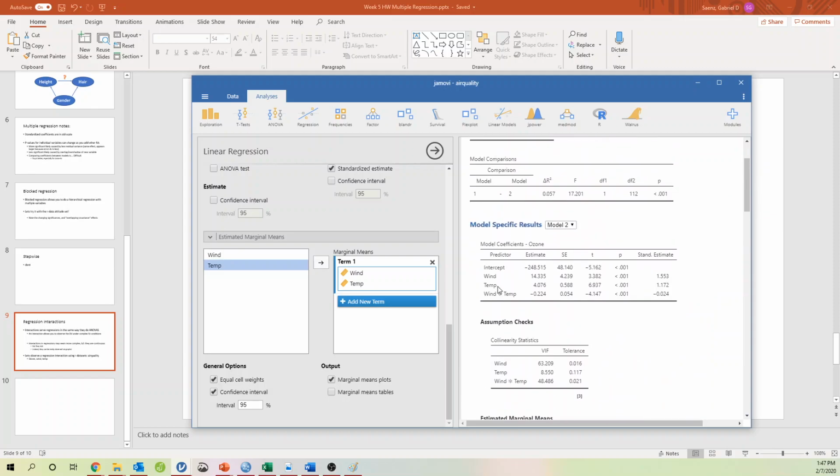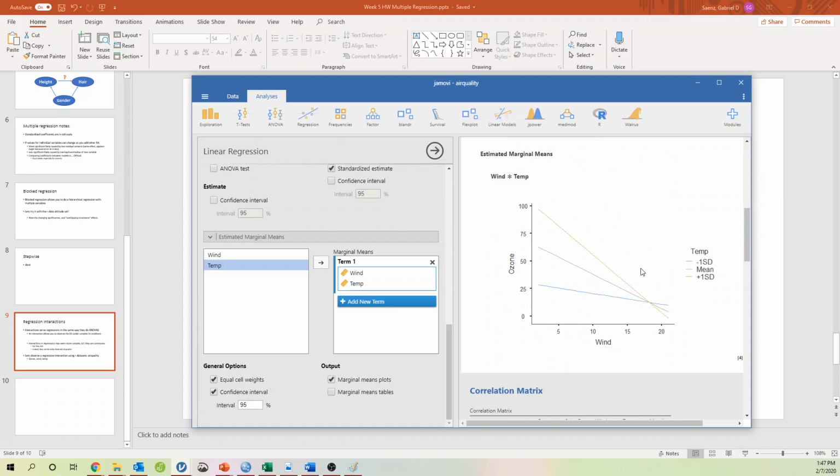But, and here's the big but, when you multiply wind by temperature, ozone decreases for every 1 point of wind times temperature. And this looks like a small estimate, but bear in mind, we're dealing with the two numbers multiplied, so these numbers are going to be way bigger.